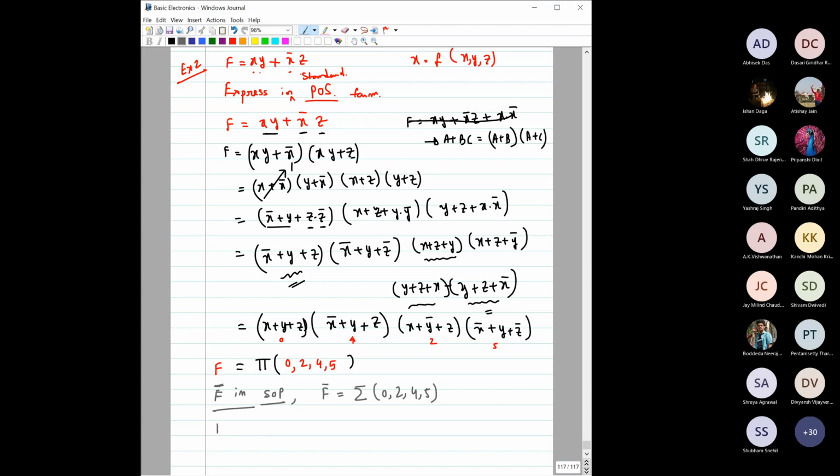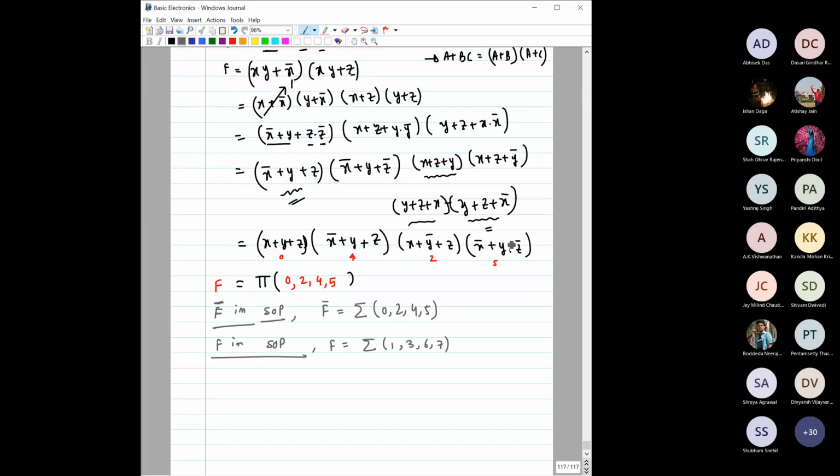Okay, so f in SOP, sir, function f, sigma 1, 3, 6, 7. Very good, 1, 3, 6, 7, right? So now we can understand, it is very easy to do, right?